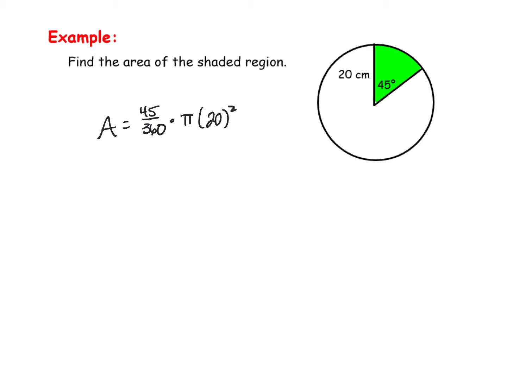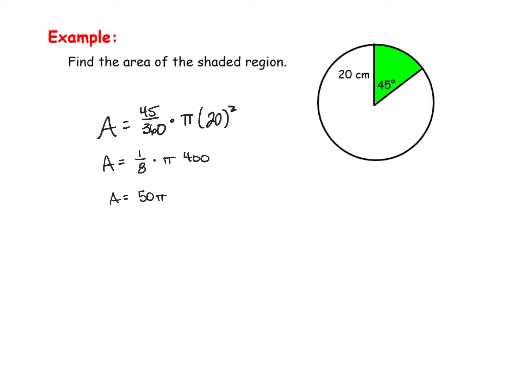All right, so now we can reduce this if you want, however you'd like to do this. So 45 out of 360, that would be 1/8 times pi times 20 squared would be 400. So I can reduce that. I can take 400, divide that by 8, and I would get 50 pi.